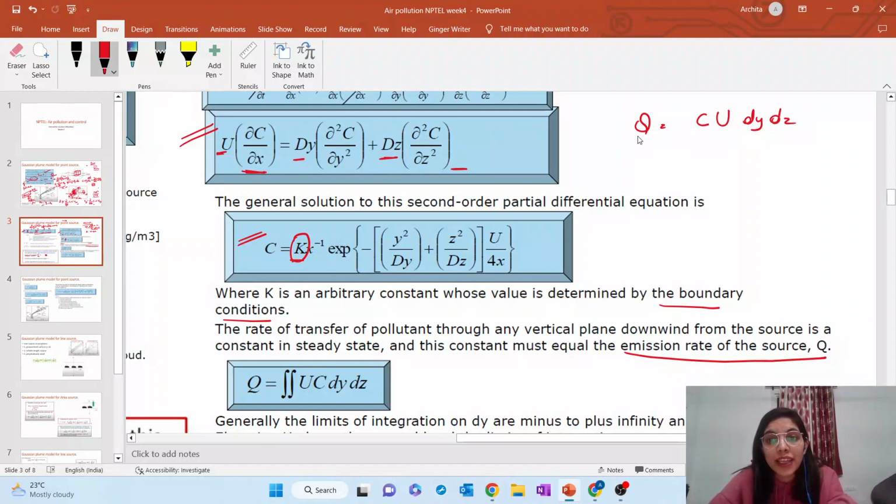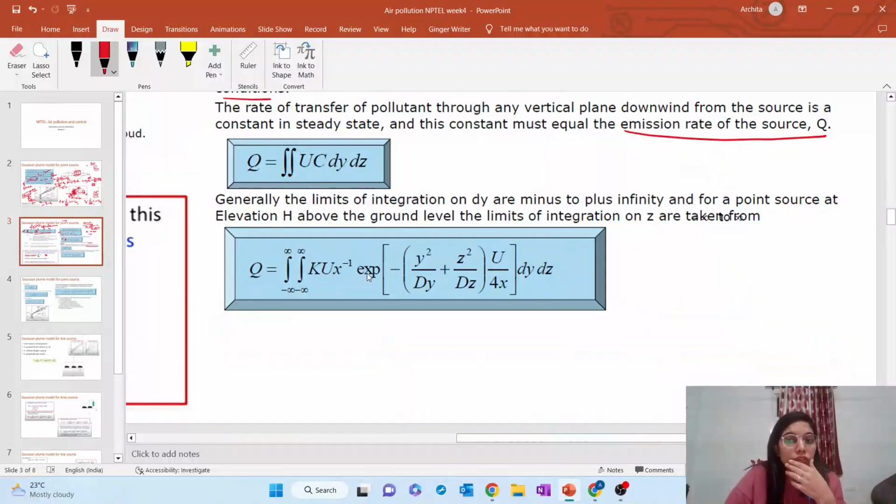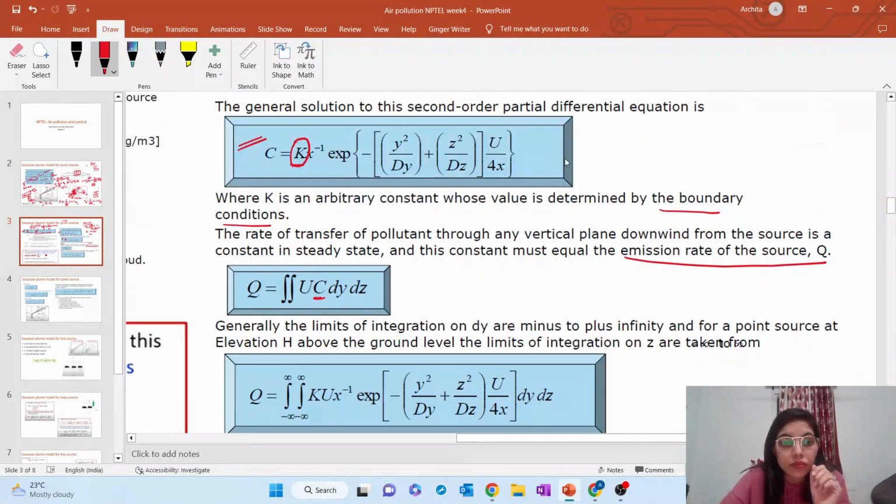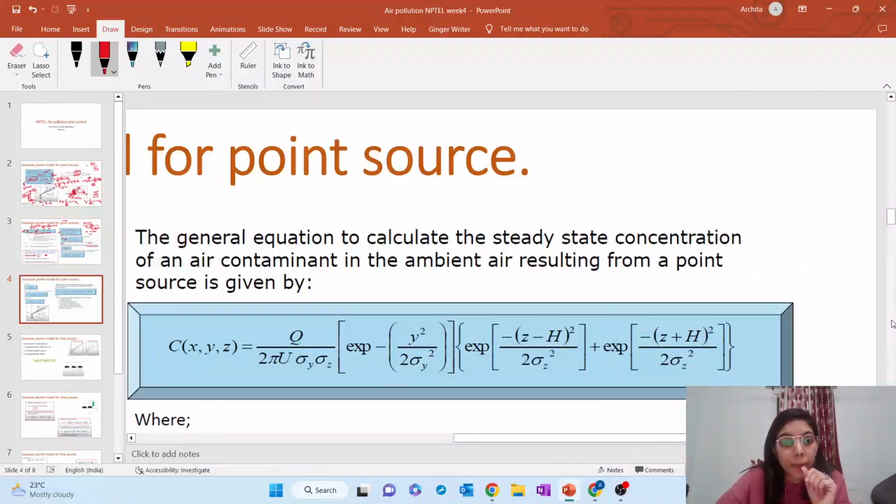Now why have they taken only yz? Because we are seeing emission in the direction of the plume only, not in any other direction. Then they integrated, double integrated, to find the value of q. Sorry, they put the value of c from this equation and then solved it by integration to find the value of k.